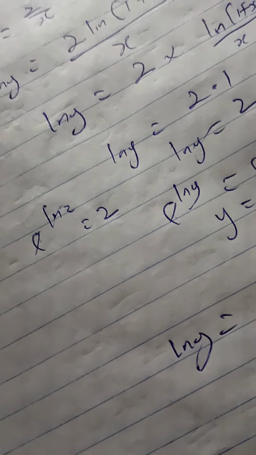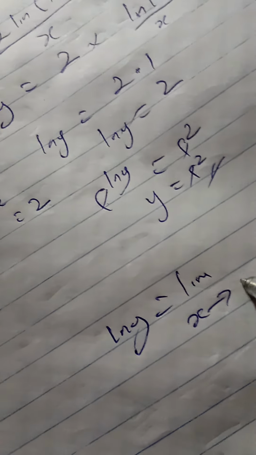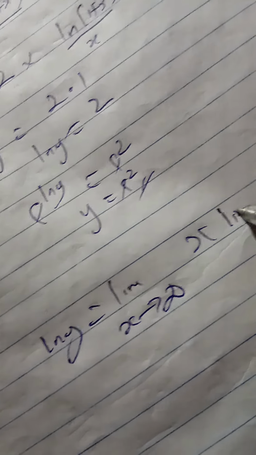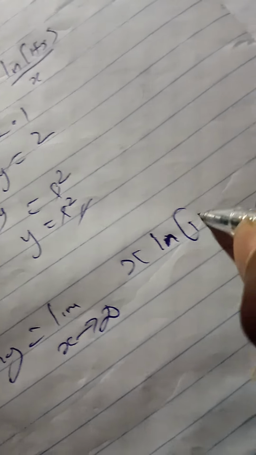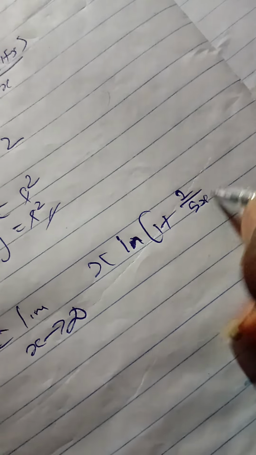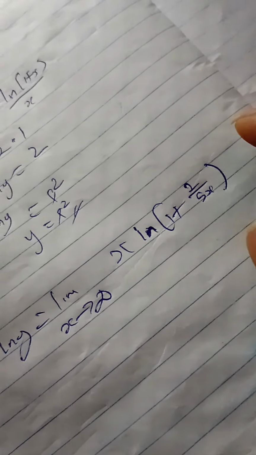So here we have ln y equals limit as x tends to infinity of x ln (1 + 2/(5x)). Is that clear? So how do we deal with this now?